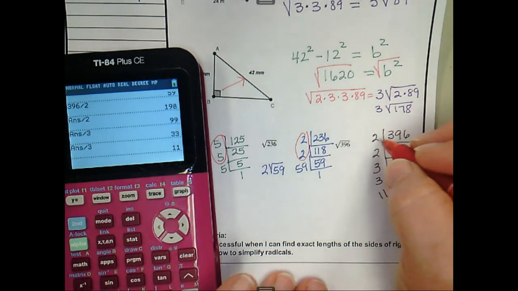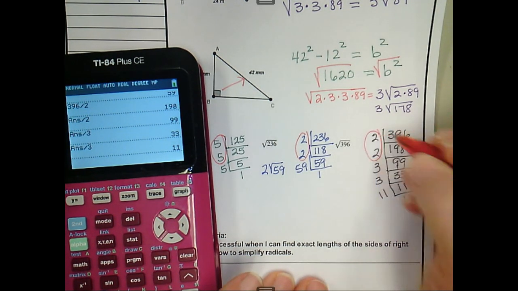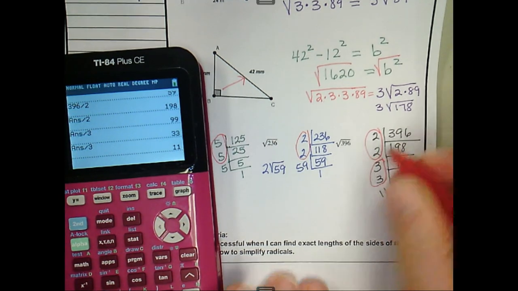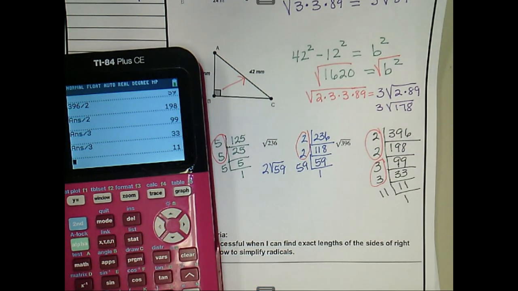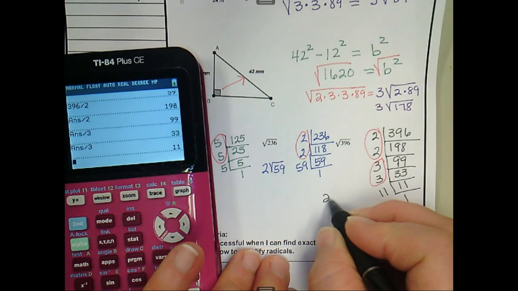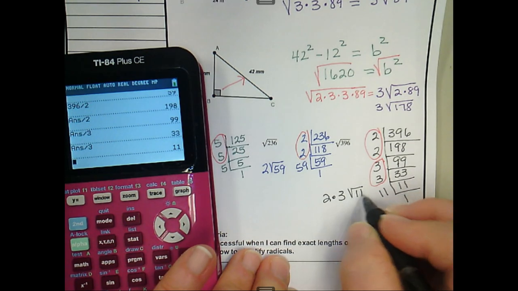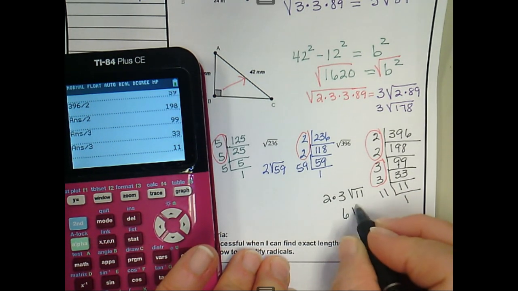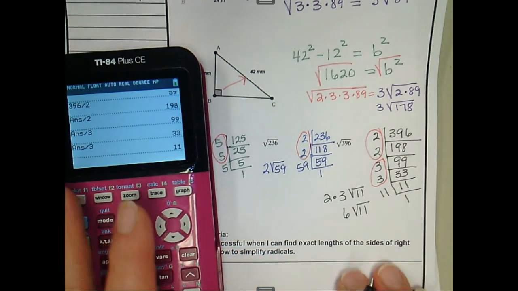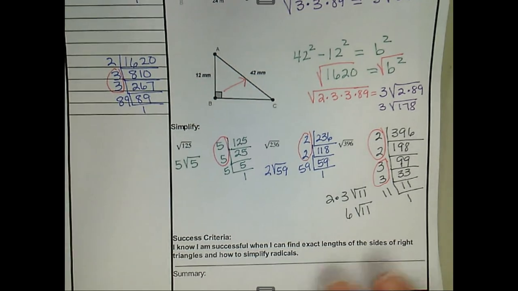What are my pairs? A pair of 2's and a pair of 3's. Remember, we multiply them back together. So this will be 2 times 3 square root of 11, 6 square root of 11. That is your simplified form.